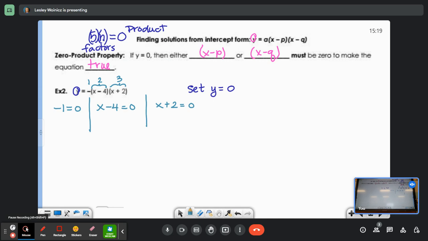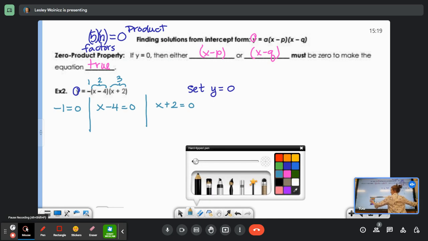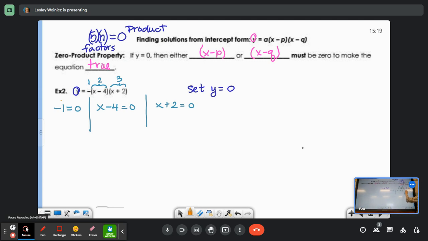Does -1 ever equal 0? No. So this one is actually a garbage one. It doesn't give us any solutions. All right, what about this one? What take away 4 is 0? 4. Next one. What plus 2 is 0? -2. Do you guys see a pattern that it just had to be the opposite?